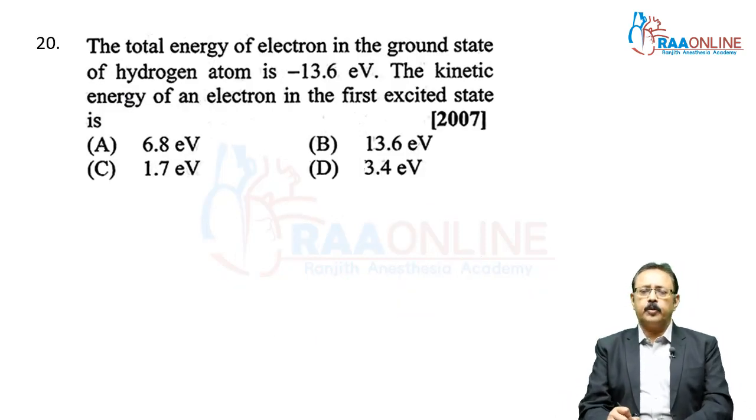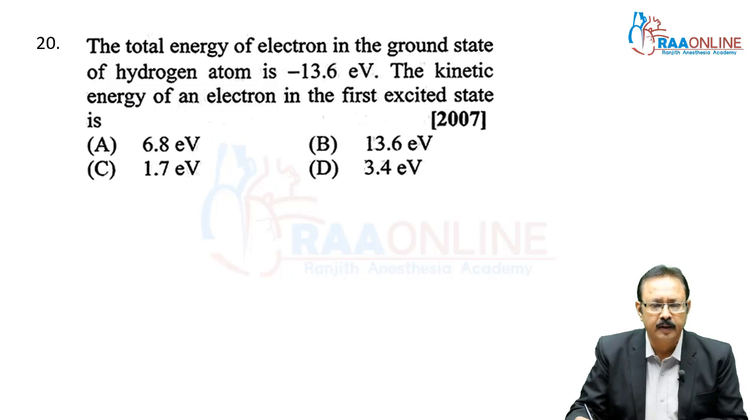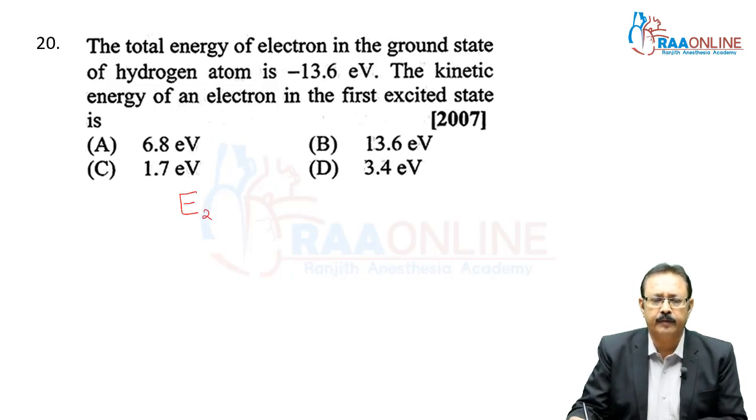Next, it is from 2007 AIPMT. The total energy of electron in the ground state of hydrogen atom is minus 13.6 electron volt. The kinetic energy of an electron in the first excited state, means second orbit, and energy in second orbit, we know that it should be minus 13.6 upon n square, means 2 square.